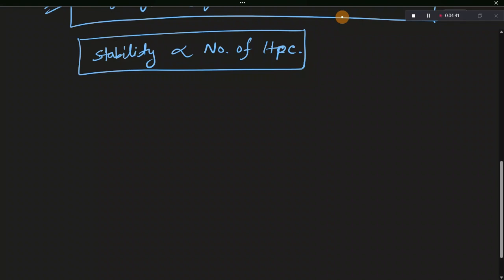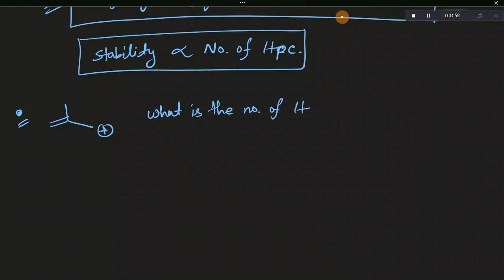Now, let us consider an example. This is a carbocation. So, what is the number of hyperconjugating structures? If we consider this structure, we have to find the alpha carbon first. The directly attached carbon is this.